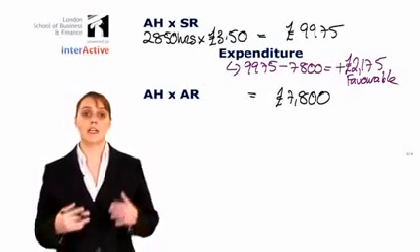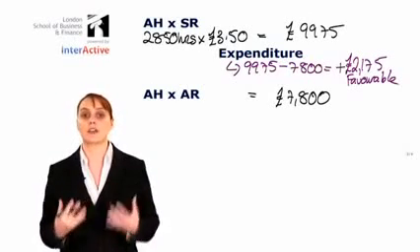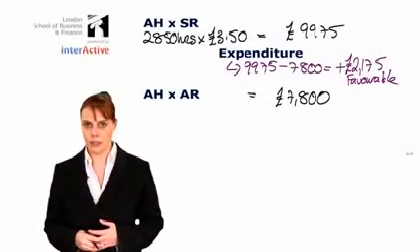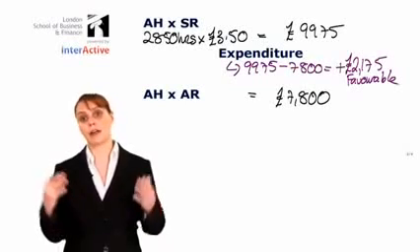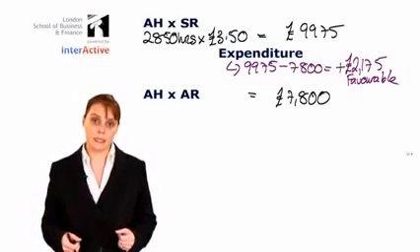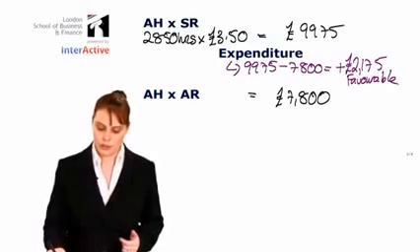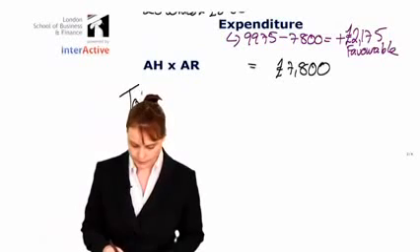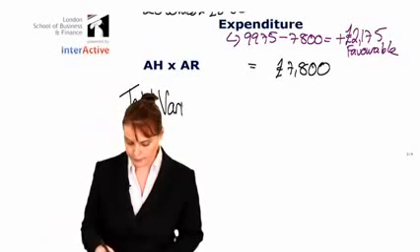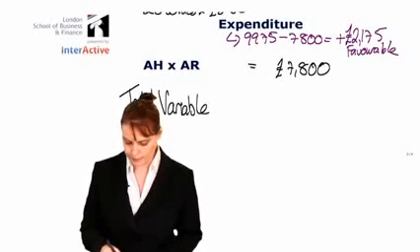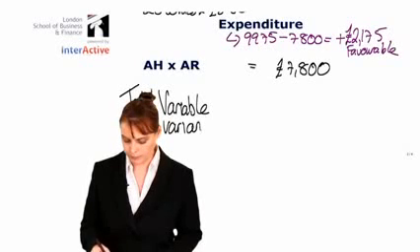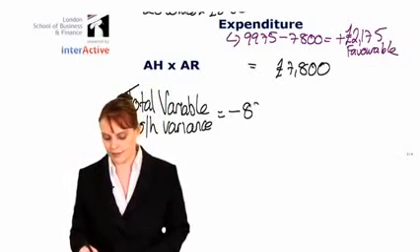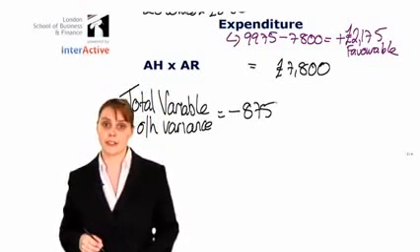Final step then, as always, we need to calculate our total variance in relation to our variable overheads. So we just need to sum our efficiency variance and our expenditure variance. So our total variable overhead variance will just be minus our efficiency variance of 875 because it was adverse.